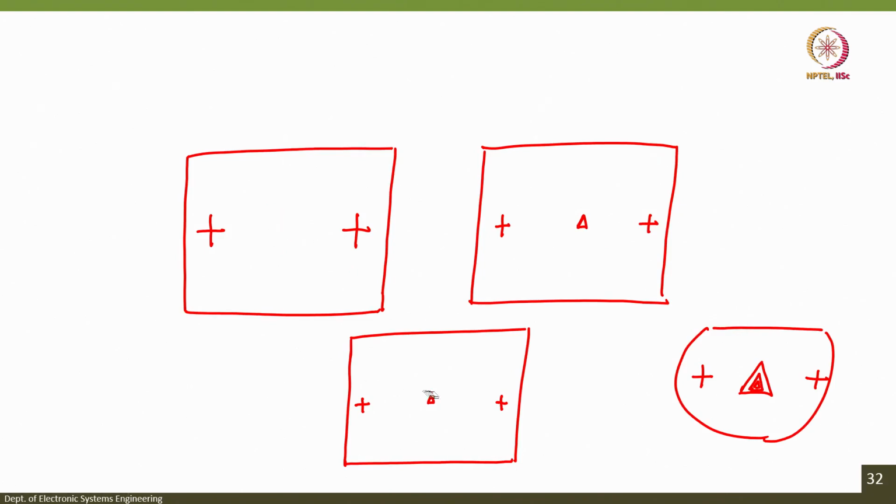Just to make our life easier, I am drawing a slightly bigger triangle. So, we understand first one, second one, third one. So, we have a big triangle, a smaller triangle and a smaller triangle like this. You see that this mask 3, mask 2 and mask 1, all 3 masks have what? An alignment mark.